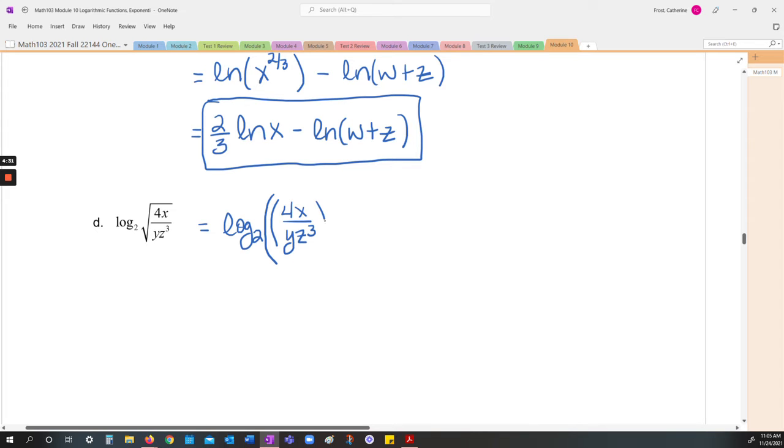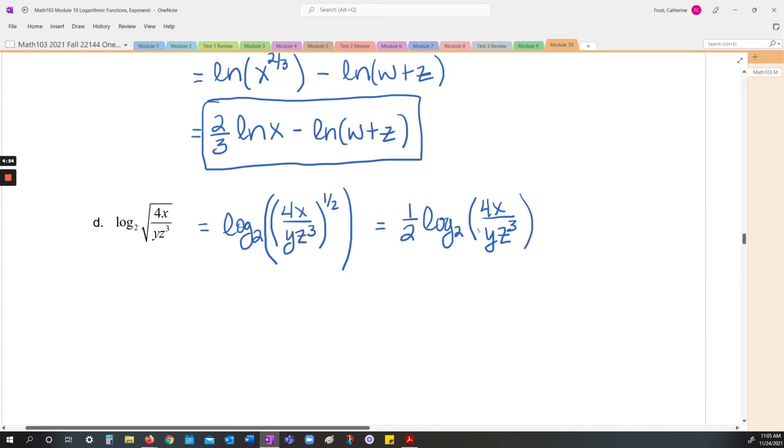So nested parentheses here. This is all to the 1/2. But you could skip writing all this and just immediately write that this is going to be 1/2 times the log base 2 of 4x over yz cubed.